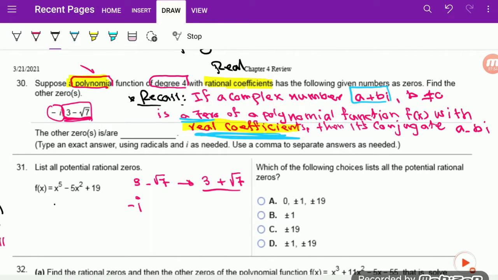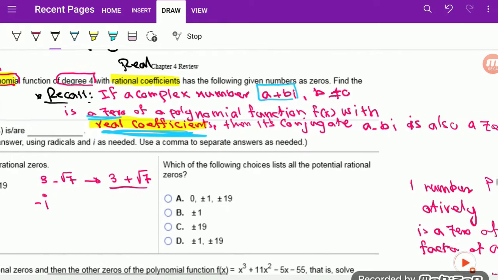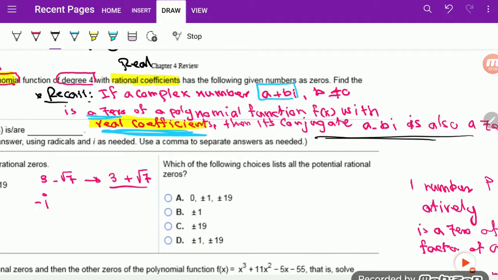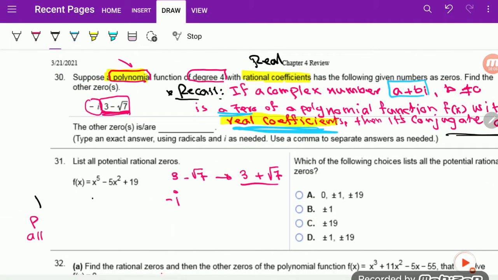So if you have a complex number as a zero of the polynomial, and this polynomial has real coefficients, then the conjugate of this zero is also a zero. So negative i, what is the conjugate of this? Negative i is written as a plus bi, so this is 0 minus i.